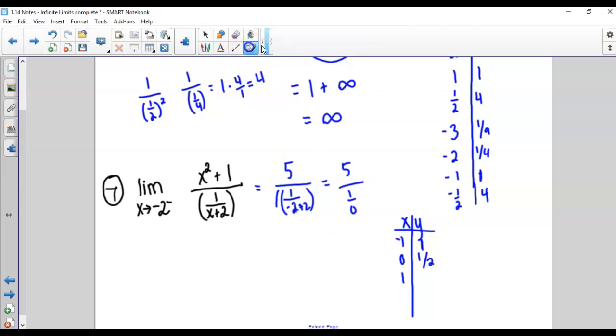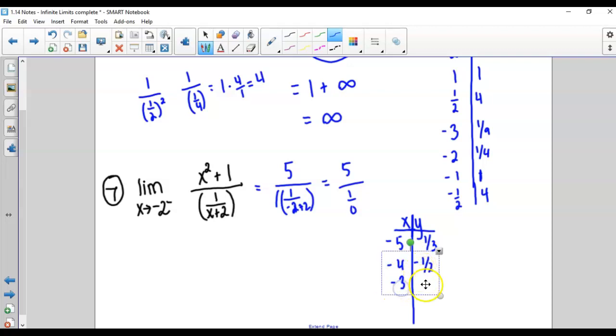Yes, you're right. Those negatives have gotten messed up. Let's fix that. So let's try, how about -5? Does that sound better? That would give us 1 over -3, so we get -1/3. -4 would give me -1/2. -3 would give me -1.